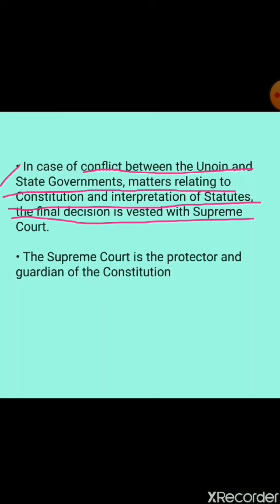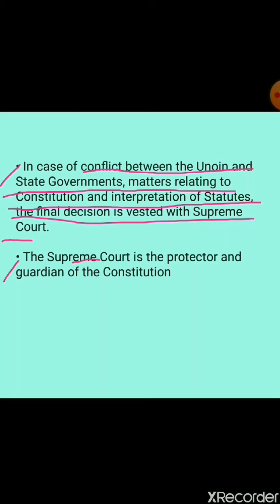Any conflict between the center and the state has to be solved by whom? By the Supreme Court. Any interpretation, meaning a deep study of the constitution, is done by the Supreme Court.